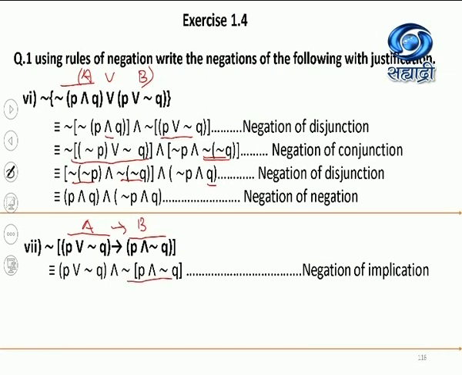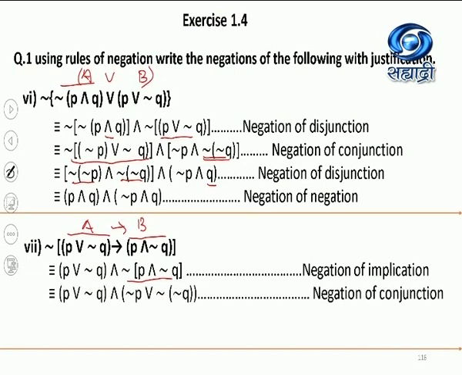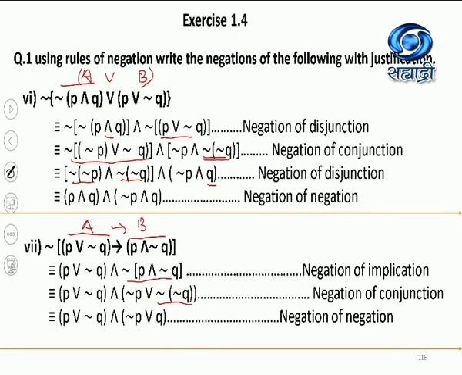I now apply the negation of conjunction for the second bracket, which will be negation P or negation of negation Q. The remaining part in the statement will be as it is. And lastly, I use the negation of negation Q as Q, where the negation of negation rule is used. So you can see the negation of the given statement pattern is P or negation Q and negation P. I'll go back for your understanding once again. And now I move over to the next part.